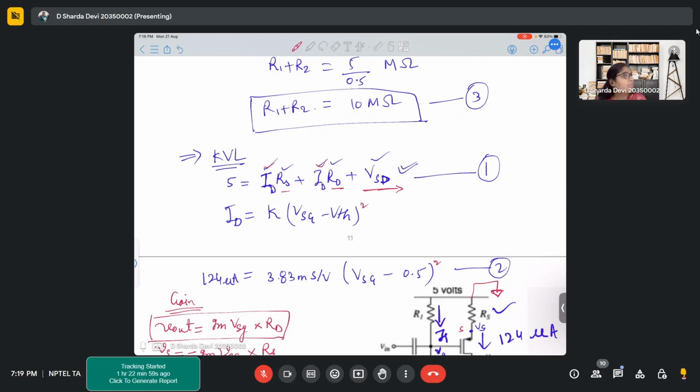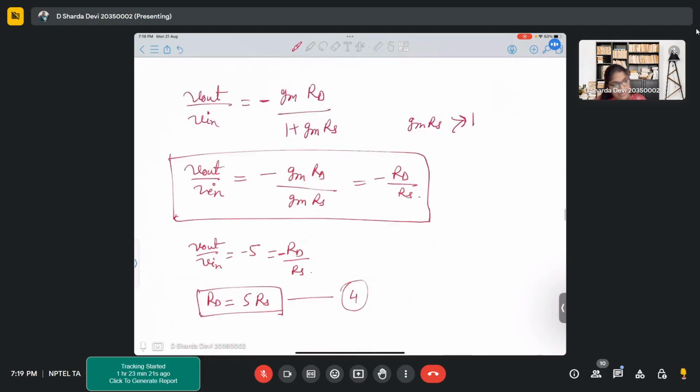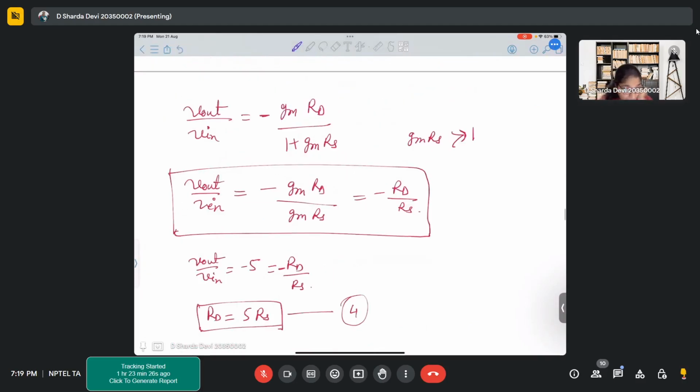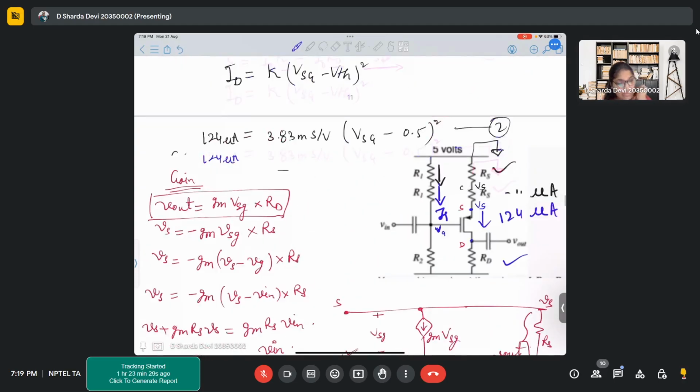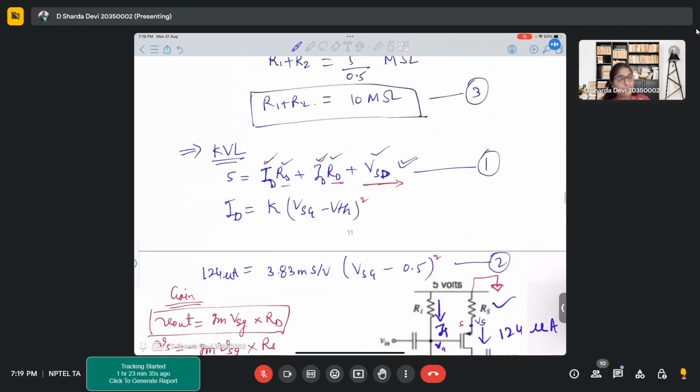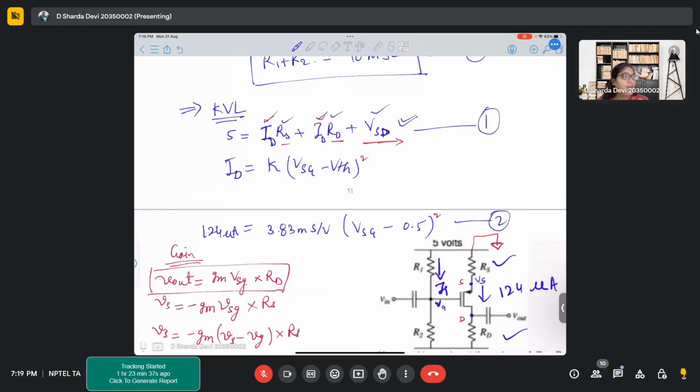So till now we have got these things. Now, we have used everything, but still we are left with Vsd, Rd, Rs, as well as R1 and R2. We are not clear with these values.